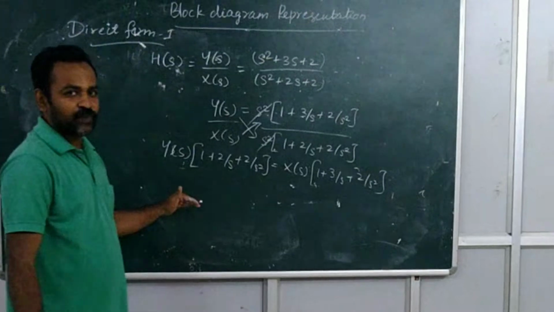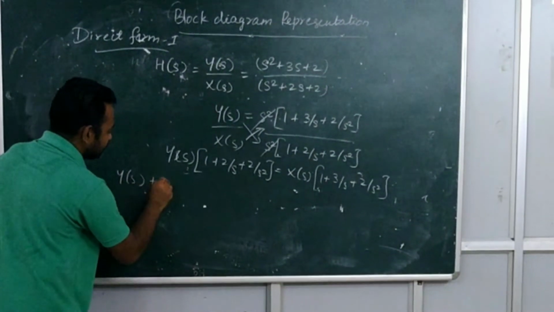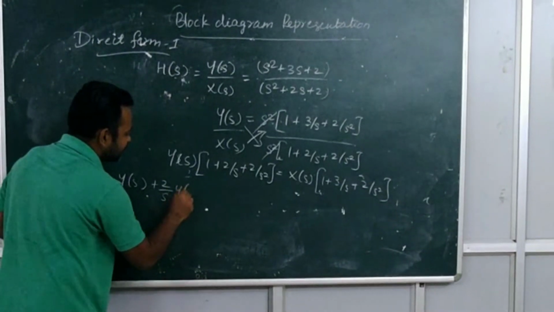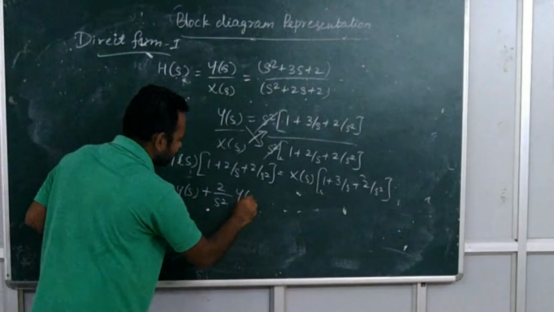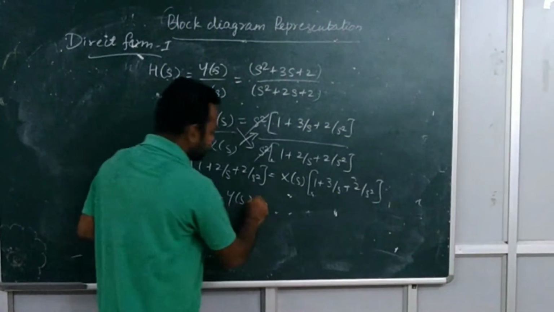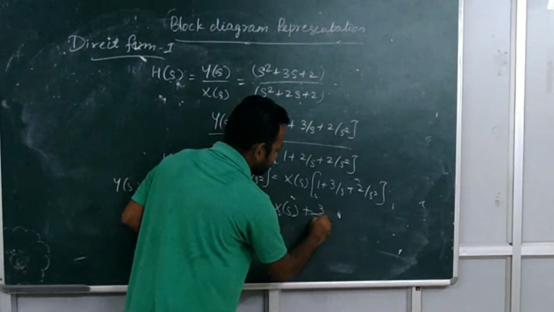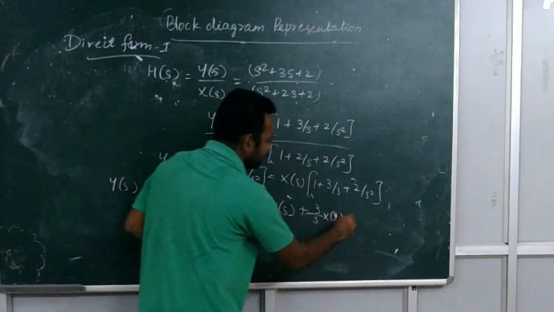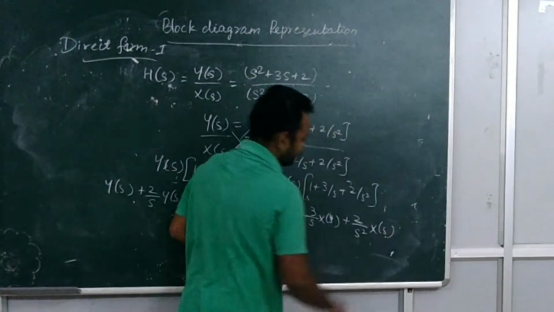We can expand these. This becomes y of s plus 2 by s into y of s plus 2 by s square into y of s. Similarly, the right hand side is x of s plus 3 by s into x of s plus 2 by s square into x of s.